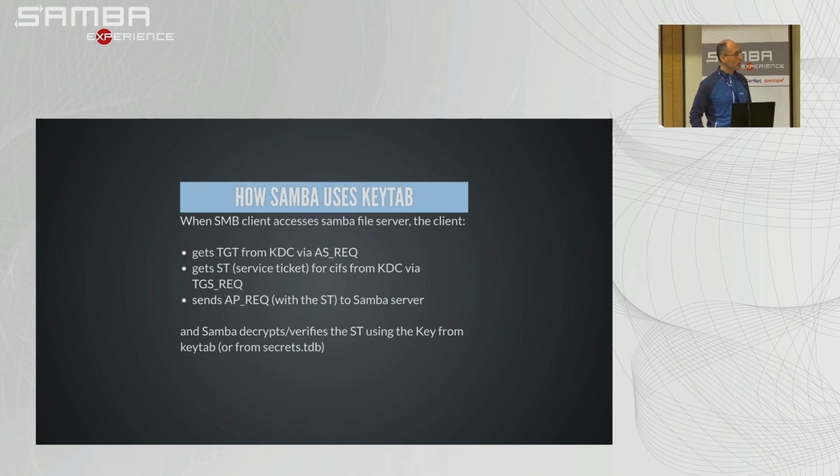Both transactions are done with the KDC, and then the client connects to the Samba server and sends the service ticket. At that point, Samba needs to decrypt and verify the ticket. And it can use the keytab, or it also can use secrets.tdb, which is also storing the keys. So this is the place where Samba is using the keytab.